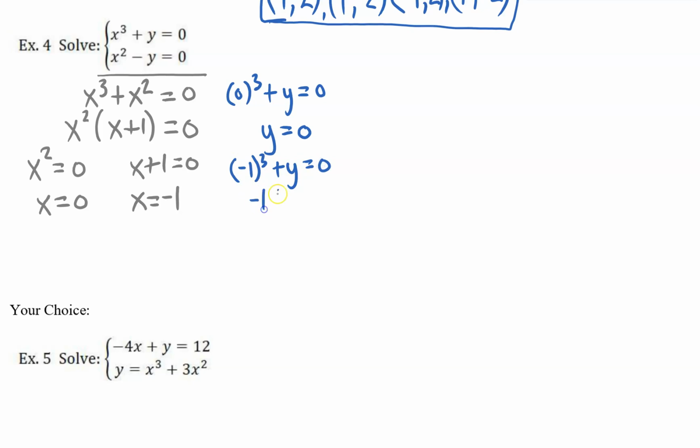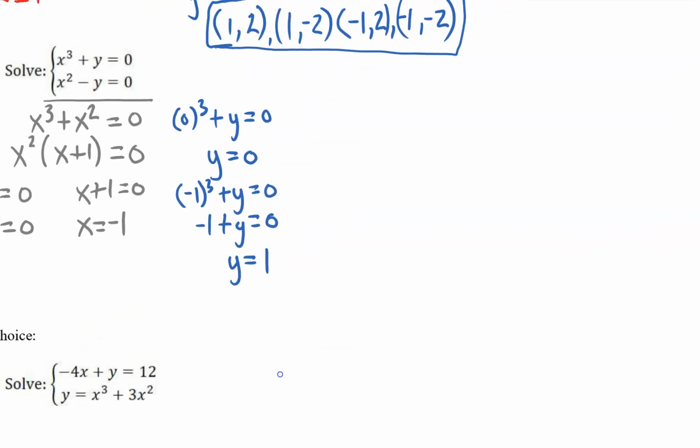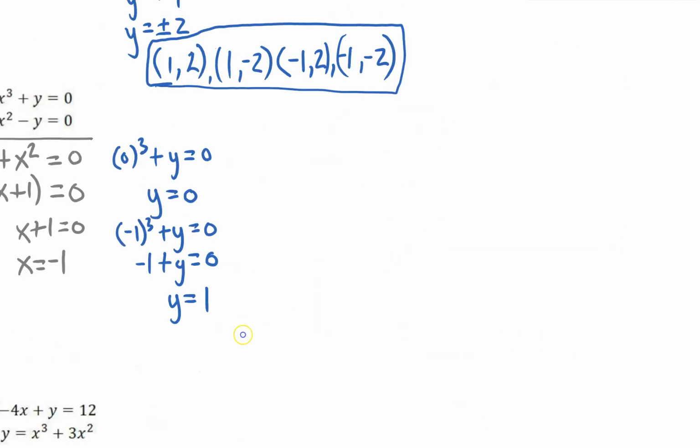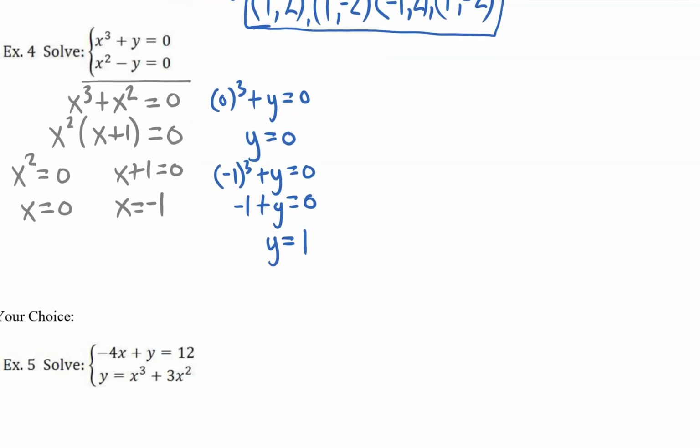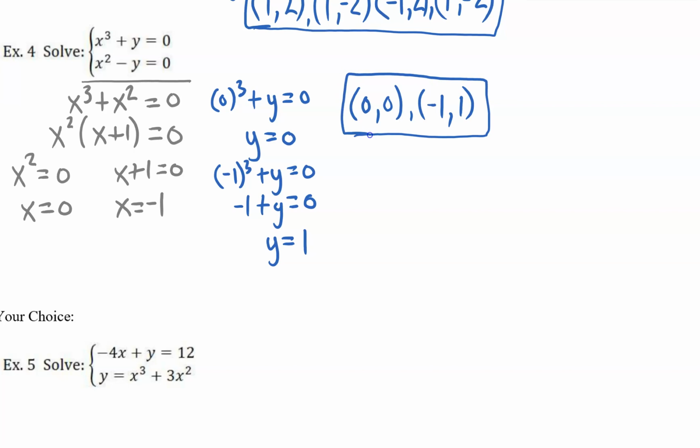So this is negative 1 plus y is equal to 0, so y has to equal 1. So I'm going to have two answers: one that says 0, and when I plugged in 0, I got 0. And the other one, I'm going to have a negative 1, and when I plug that in, I got a positive 1. So I should end up with those two answers for this one.